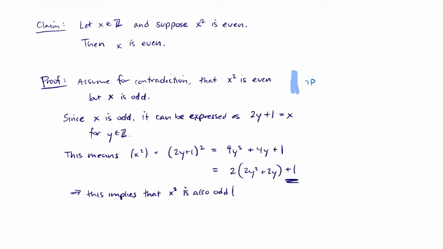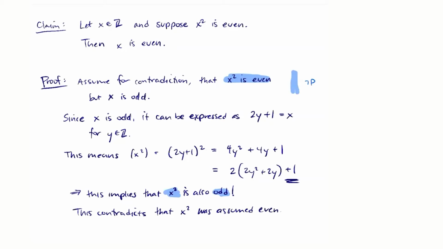And what does that mean? I now have that x squared is odd, but I assumed that x squared was even. This is a contradiction. This contradicts that x squared was assumed to be even.